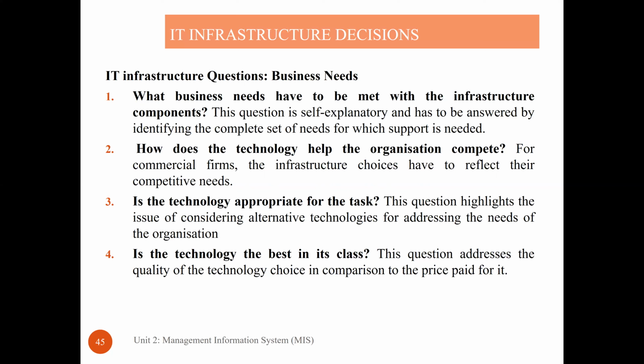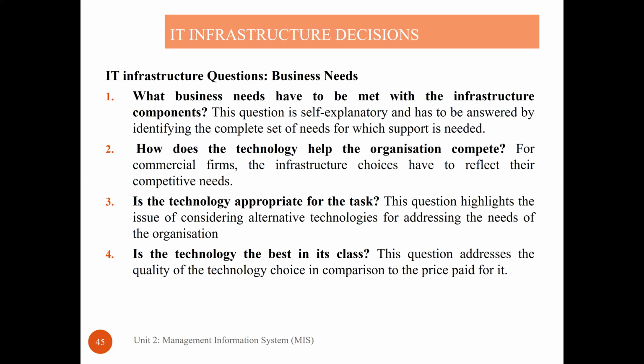The question highlights the issues of considering alternative technologies. If there are a number of alternative technologies available in the market addressing the needs of organizations, then how does the organization decide the appropriate technology? Among the present alternatives, is the technology the best in its class?